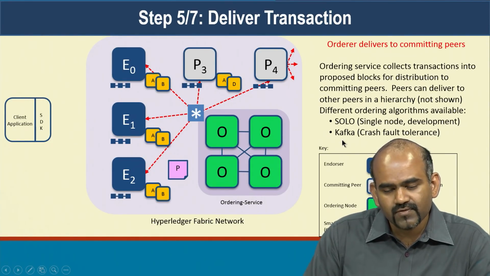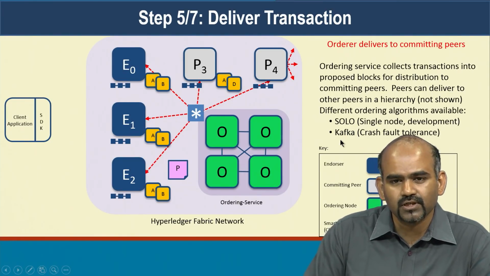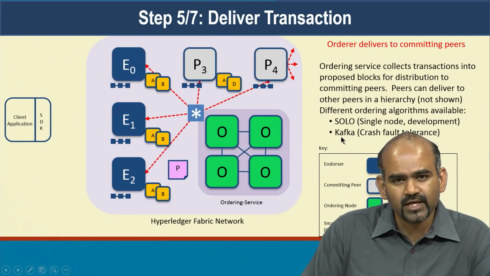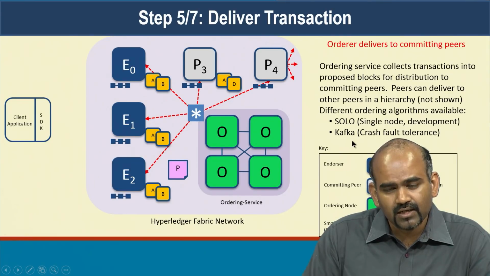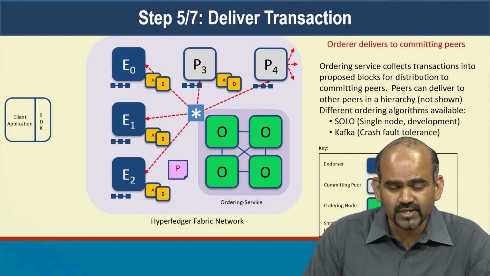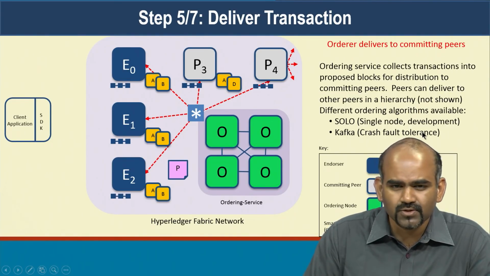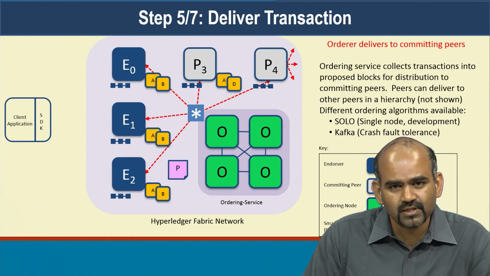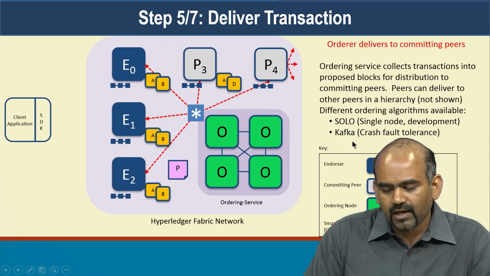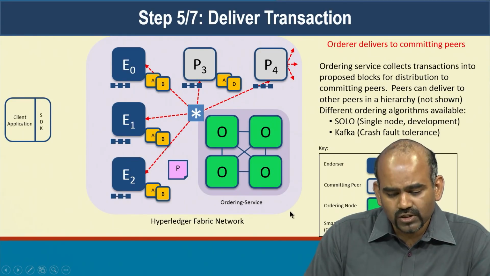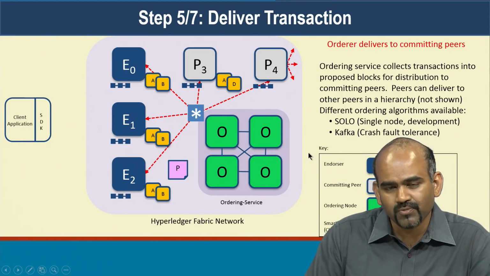The second ordering service that has been implemented is the Kafka ordering service. Kafka is a very popular event management service by Apache. It's open source again. Internally, Kafka implements a notion of consensus, and that notion of consensus is a crash fault tolerant consensus. You would have seen some of the consensus algorithms in earlier lectures. What we mean by crash fault tolerant is that the consensus algorithm or the ordering service can tolerate a certain set of these nodes failing at any point of time.